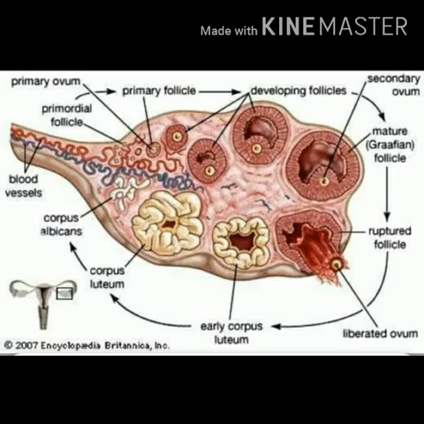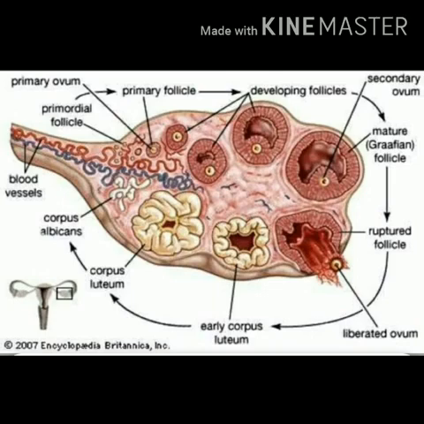Now we are switching to the second phase of development of ovary, that is after puberty. The cyclic changes in the ovary can be seen during each 28 to 30 days, that is in each menstrual cycle.